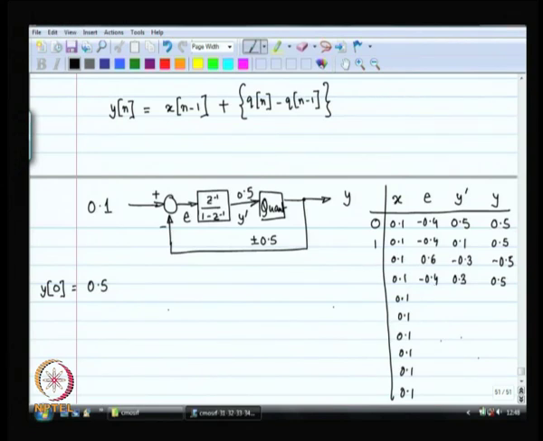If the new error is minus 0.4, old y hat is 0.3. So, the new y hat is going to be minus 0.1. That means I am again going to get minus 0.5, which means that my error is plus 0.6.